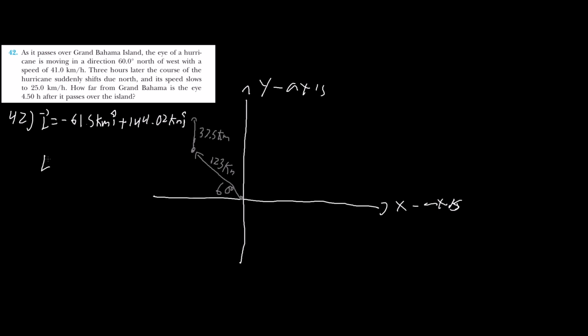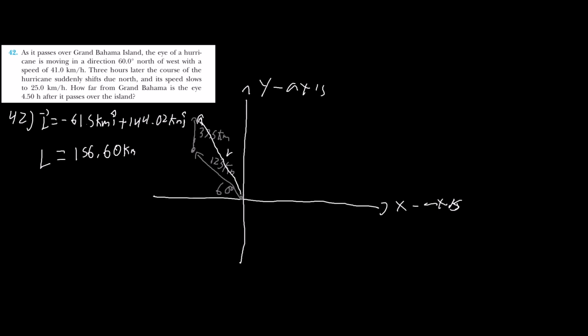So the magnitude of L is going to be, actually let me just call it like that. So L is going to be the... All right, folks. So the magnitude of L is going to be 156.60 kilometers.